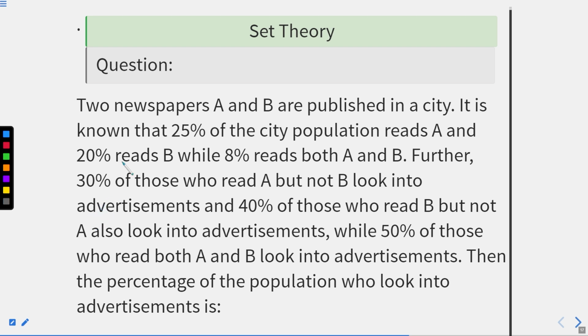The next question says: two newspapers A and B are published in a city.